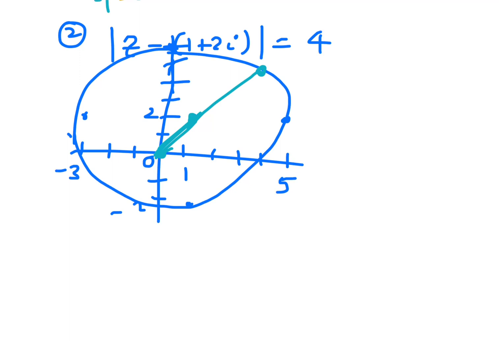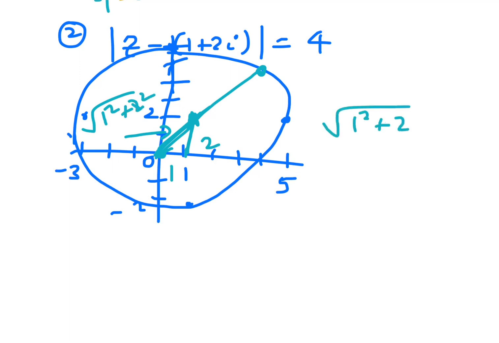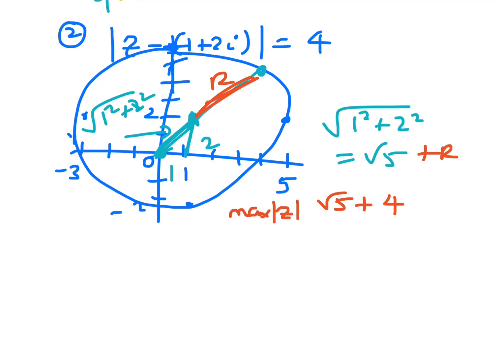So this part here, which is 1 and 2, that distance there would be root 1 squared plus 2 squared, which is root 5. And this part out here is just the radius, so you'd have to add on the radius. So it's root 5 plus the radius, and the radius was 4. That would be the maximum of mod z.